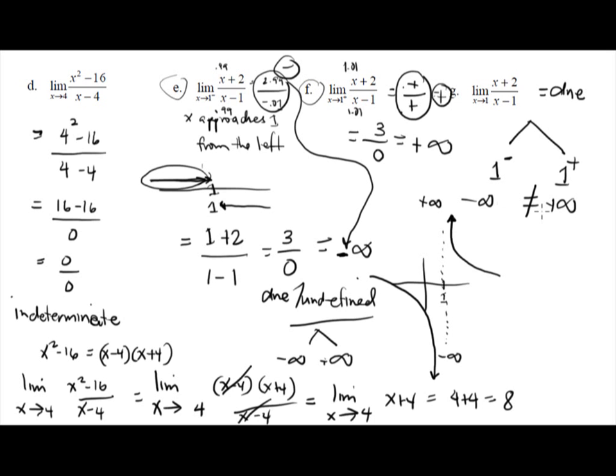So again, only if the two are the same can you conclude what type of infinity the limit is. But in this case, we saw that the limit as x approaches 1 from the left is negative infinity, and the limit as x approaches 1 from the right is positive infinity.